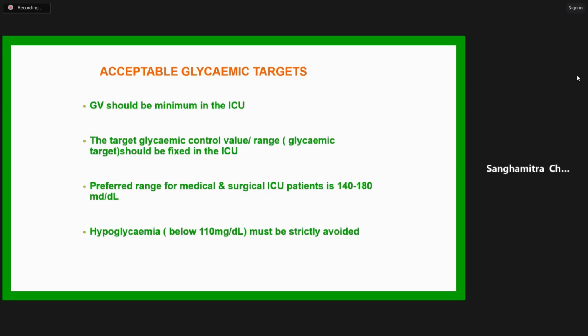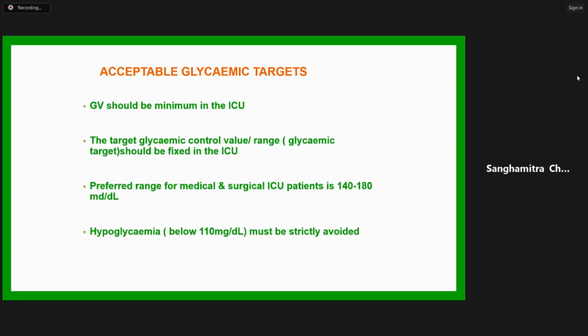Now, we have certain acceptable glycemic targets. These have been decided by doctors through consensus statements that glycemic variability should be minimal in the ICU. If the patient is showing a blood sugar level of 90, and the next moment it is 250, this is absolutely unacceptable. We should all have a target glycemic control and we should fix this range in our different ICUs.